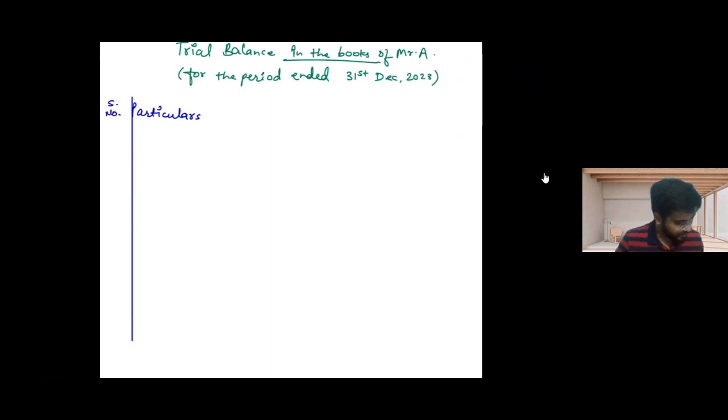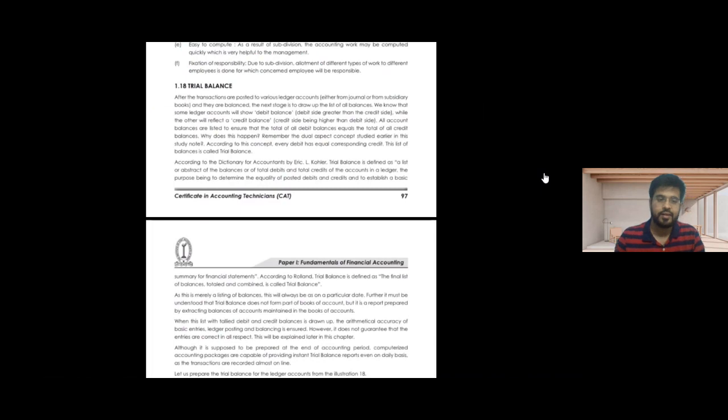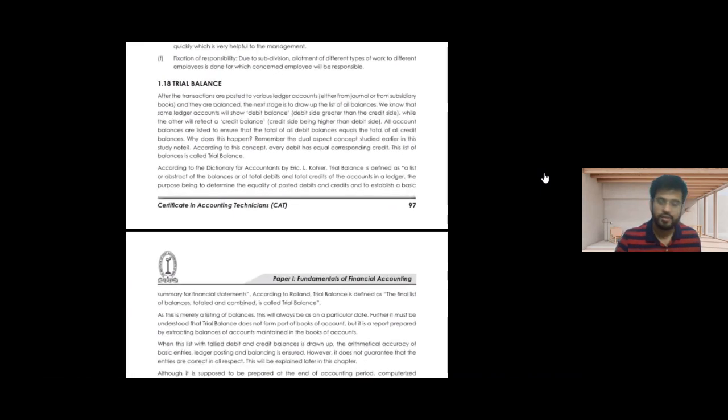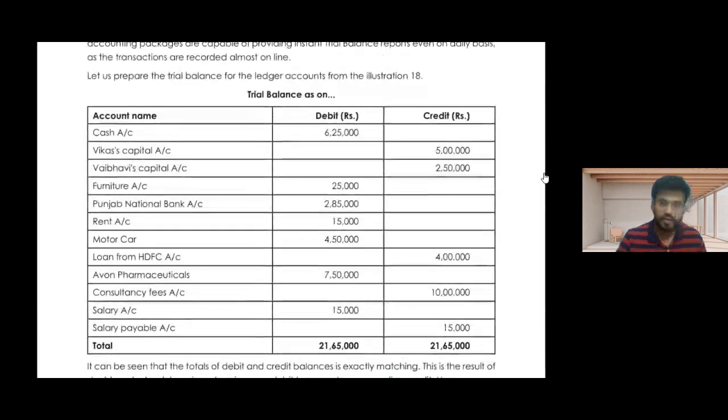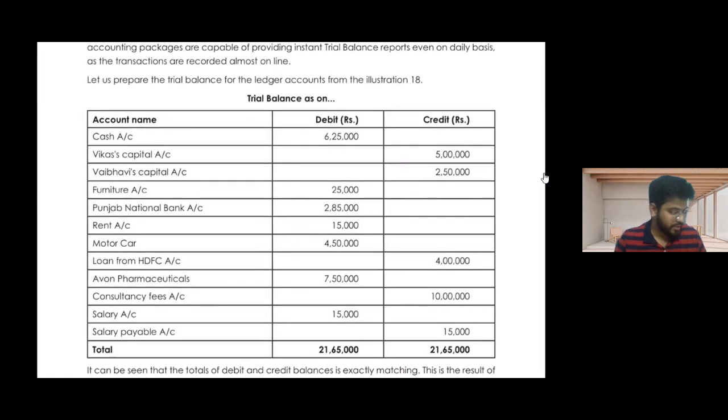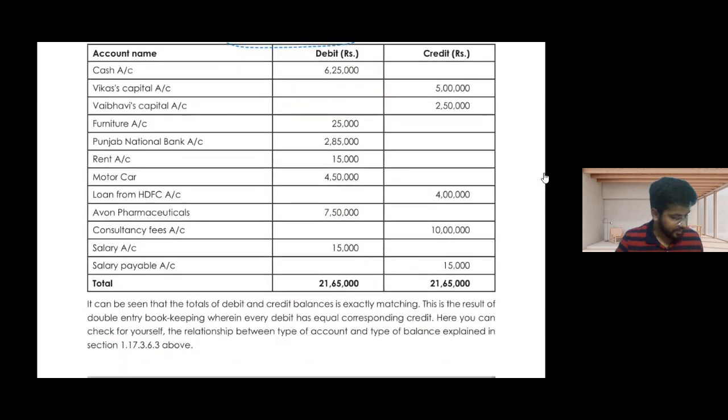Go to your page number 97 in our notes. That is the starting of your topic called trial balance. You can see the format which is given downside. You can see the particulars, that is your account name, then we have the debit side and the credit side, and we have the trial balance as on, for the period ended.